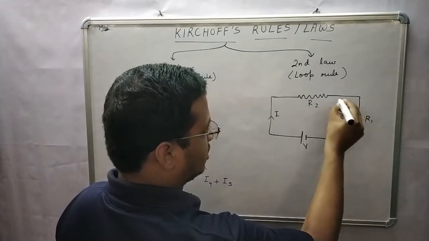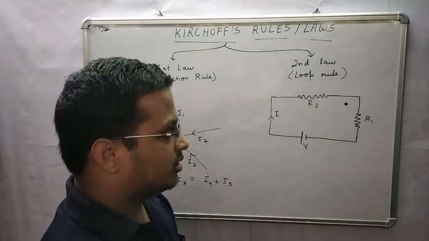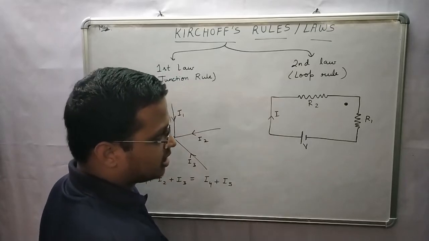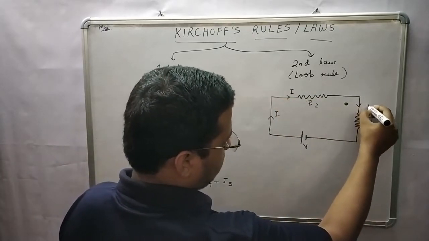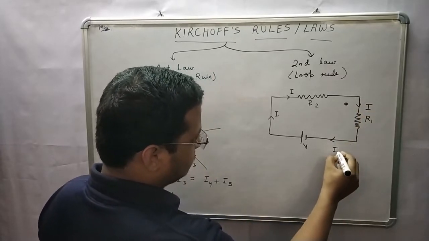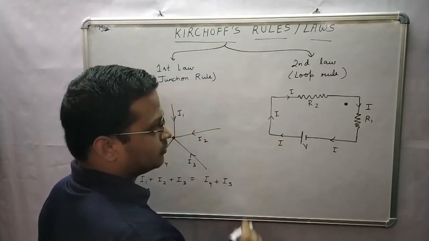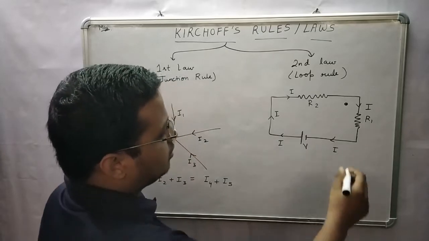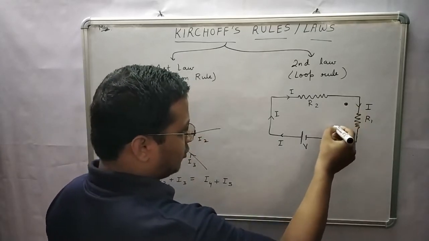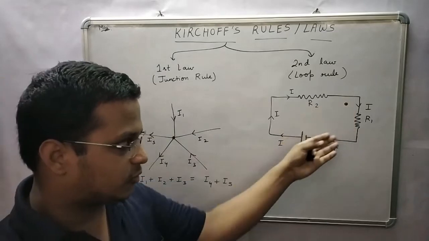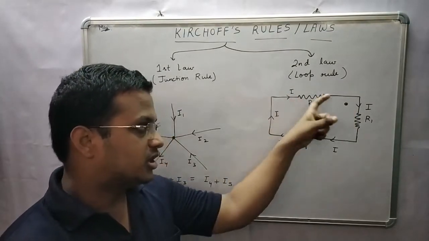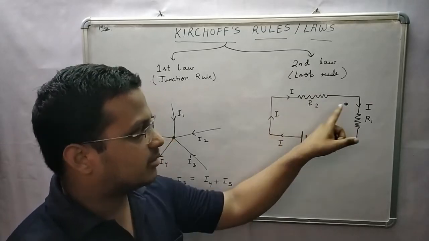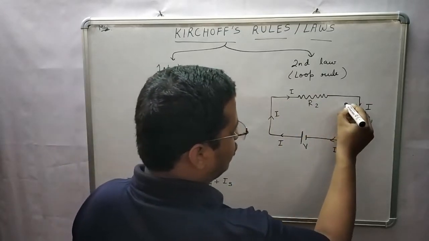Suppose I start from this point. The current's direction in these branches is clockwise. You can move either clockwise or anti-clockwise, but you have to move in a loop, starting from here and coming back to here. So let us move clockwise.